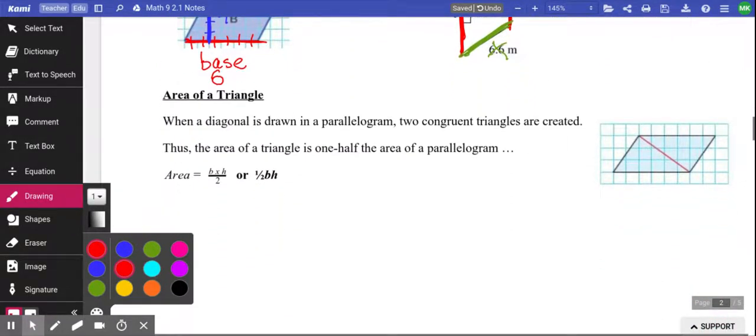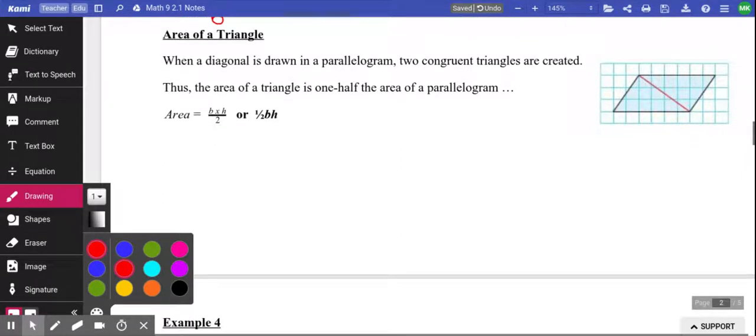Awesome. Triangles. Triangles are really parallelograms that are cut in half. So if you look at this question over here on the right, they've drawn a parallelogram for you, and then they've cut it in half. When they cut it in half, they created this triangle right here. And any triangle is like that.